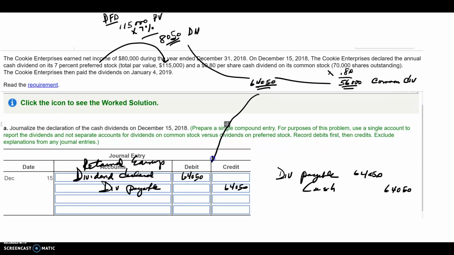So the entry here would be a debit to either retained earnings or dividends payable, depending on what choices you're given, of 64,050, and a credit to dividend payable of 64,050. Then the payment of the dividend would be a debit to dividend payable 64,050, reversing this entry, and a credit to cash. And that's it for that question.